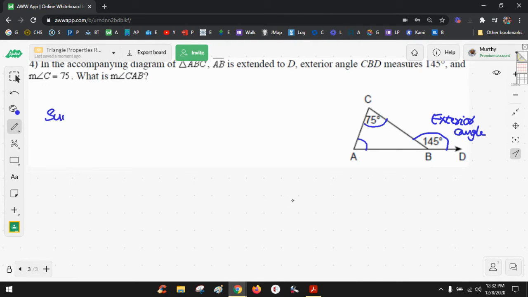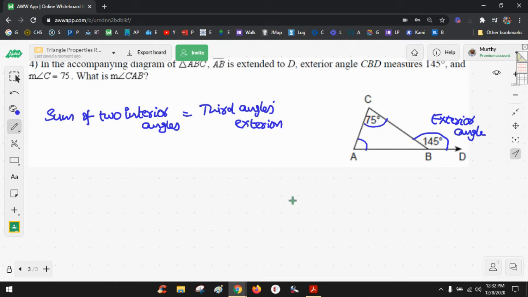Therefore, please remember the condition: the sum of two interior angles equals the third, exterior angle. Here angle A is also not given.